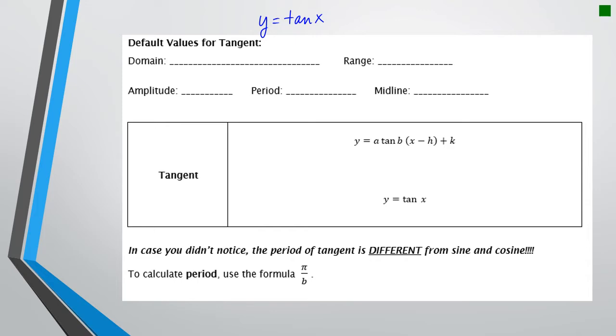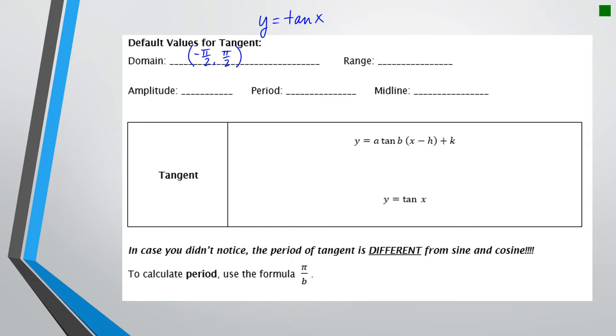Those are all places where the x values are not defined. So for our purposes, what we're going to do is talk about just the domain of one cycle of the tangent graph. The tangent graph starts at negative pi over 2, and it stops at pi over 2. But since those are asymptotes, those are places where the values are not defined, that means we're not going to include those values, meaning we're going to use parentheses instead of brackets.